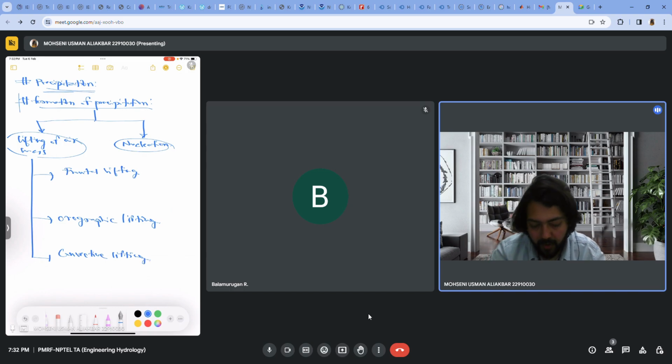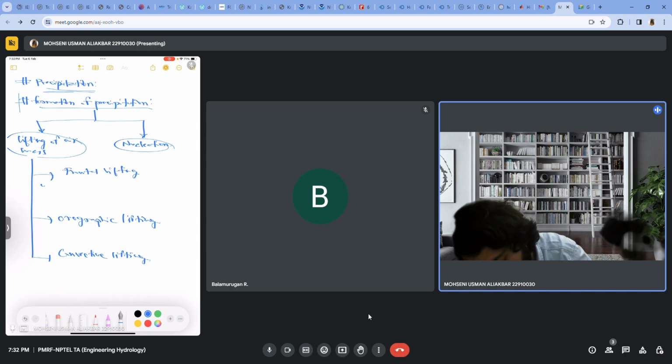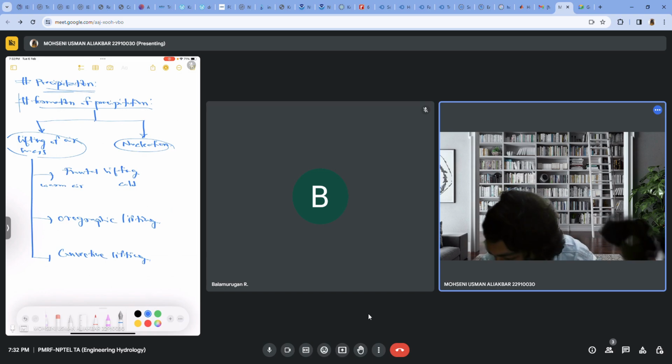What happens in frontal lifting is that, let us say there are two different types of air masses. One is warm air, and the other is cold air. When these two types of air masses interact with each other, the process that takes place is called frontal lifting, and this can take place under two heads.